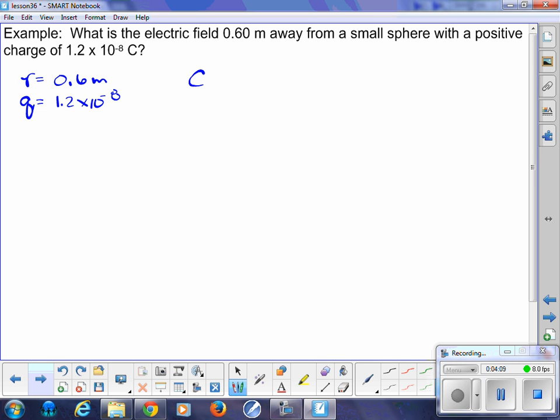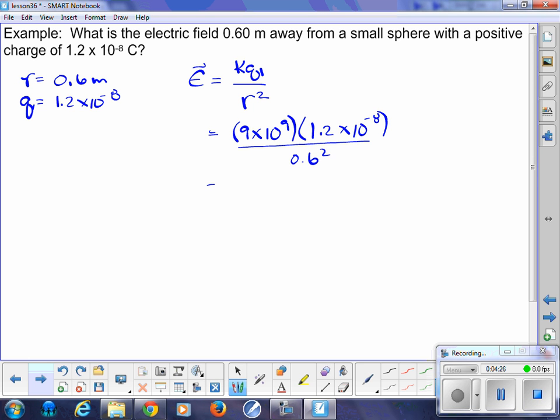So I can calculate the electric field strength around this sphere: kQ1 over r squared. K is 9 times 10 to the 9th, the charge is the value given times 10 to the negative 8, all divided by 0.6 squared. We get an answer of 300 newtons per coulomb, and it's going to be toward the charge.